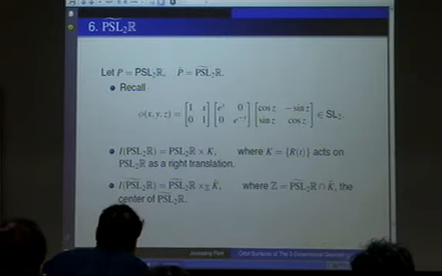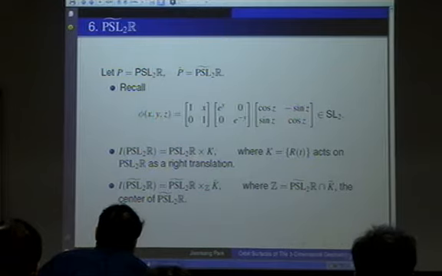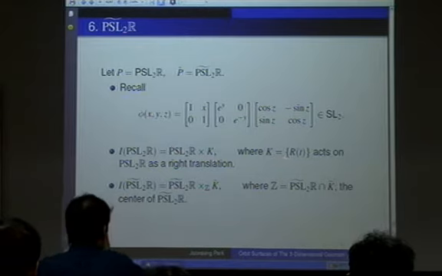SL2R. If we have an SL2R, by the Iwasawa decomposition, we can decompose every element of this form. Then the isometric group PSL2R is PSL2R cross K, where K is the rotational part, this compact part, which acts on.